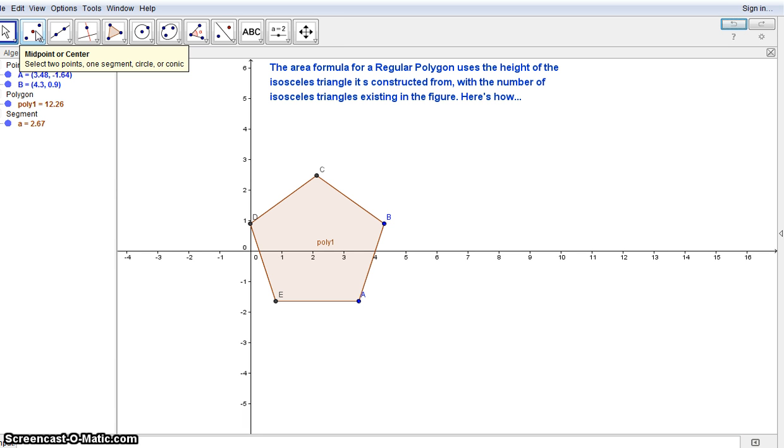Here's my midpoint tool. It tells me to select 2 points, a segment, a circle, or another conic figure. Well, I don't want the center of a segment, and I don't have a circle or conic here. I've got a pentagon.